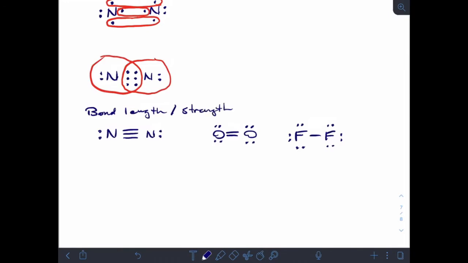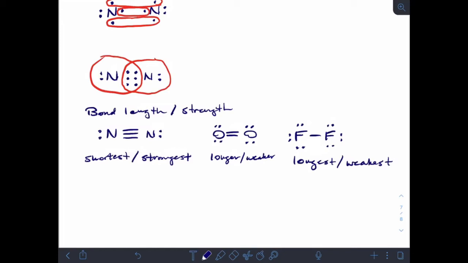Triple bonds are the shortest and strongest. Double bonds are longer and weaker. And single bonds are the longest and weakest.